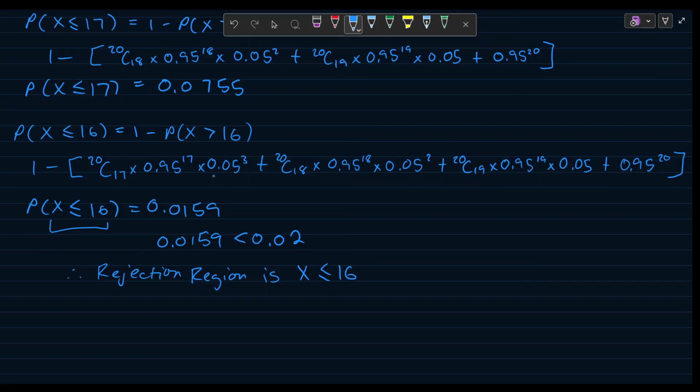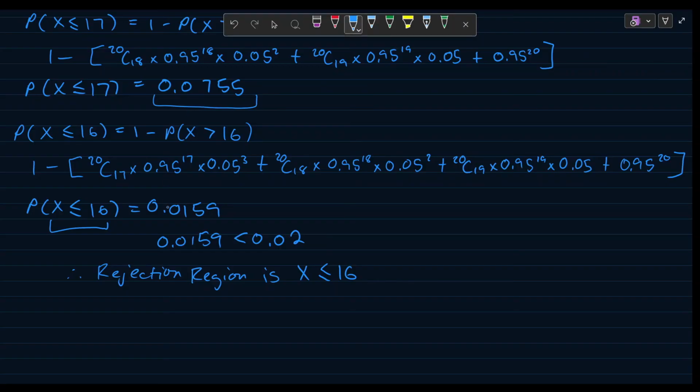And so notice that we took the first value to dip under our significance level. So when you give your final answer, the two values that they need to see you calculate are the first value to dip under the significance level, which in our case is x is less than or equal to 16, and the value just outside of our significance level, which is x is less than or equal to 17, because at 17 we got 0.0755.